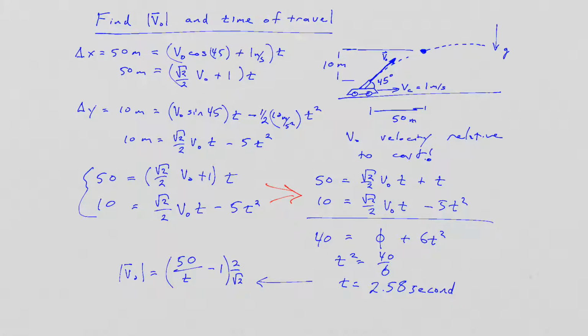So this thing here is just the rearrangement of this equation here. We'll take the value of t and put it into this equation and find out that v naught, that's the magnitude of v vector, which we can just write as v naught, is equal to about 26 meters per second.